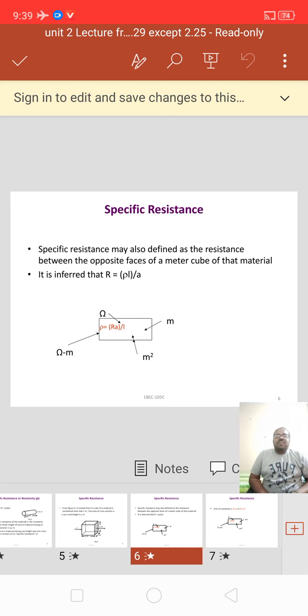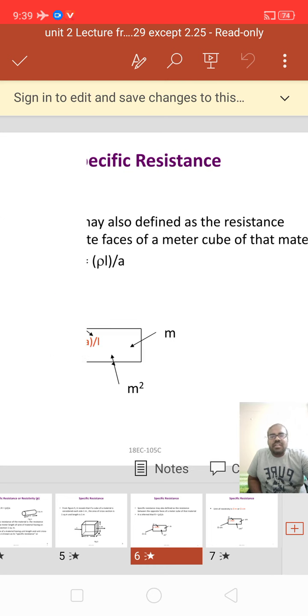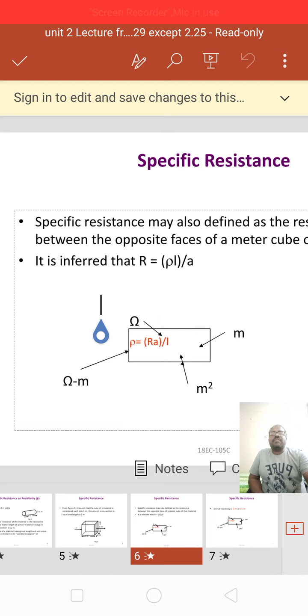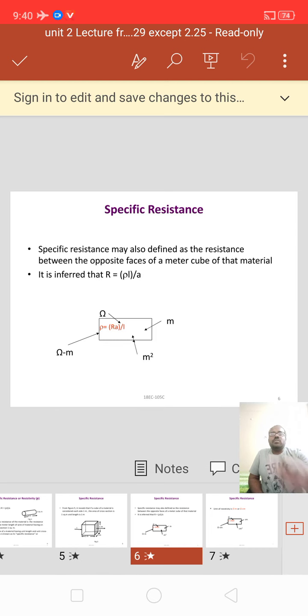It is inferred that R equal to rho into L by A. See the diagram representation of the specific resistance. Here all the sides of the cube are 1 meter, and the area of cross section of the cube is 1 square meter. Once again, the other definition of specific resistance is the resistance between the opposite faces of a meter cube of that material.